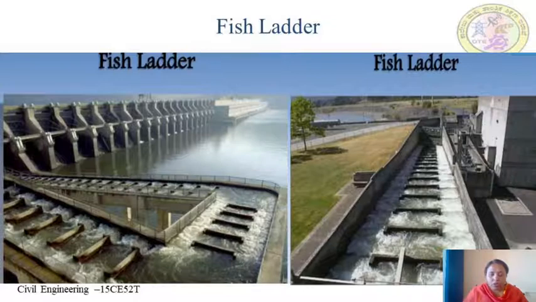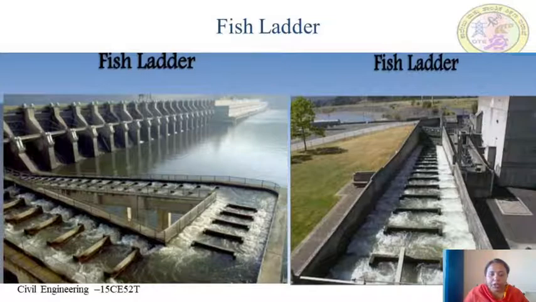Due to the construction of weir or barrage across the river, these fish ladders mainly help in migration of the fishes and they help to prevent the destruction of fish life that may take place in the river due to the construction of weirs, barrages or dams. So this enables the fish to migrate from upstream to downstream.